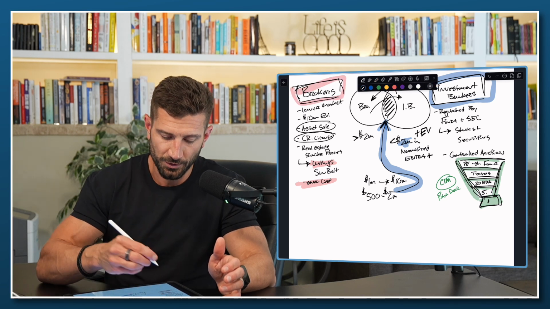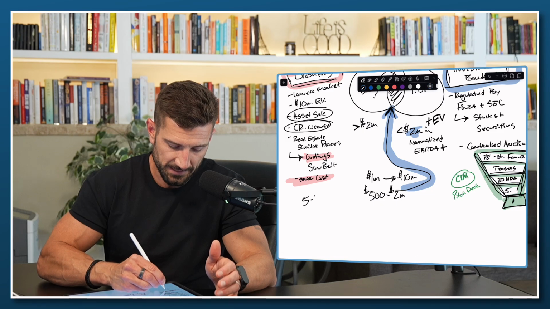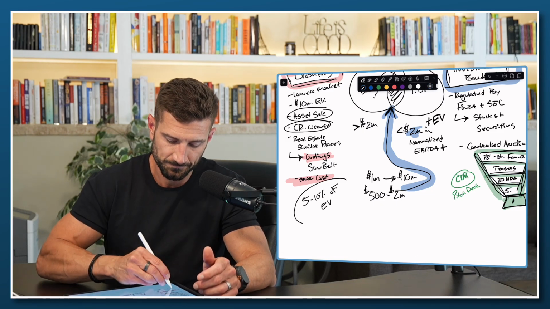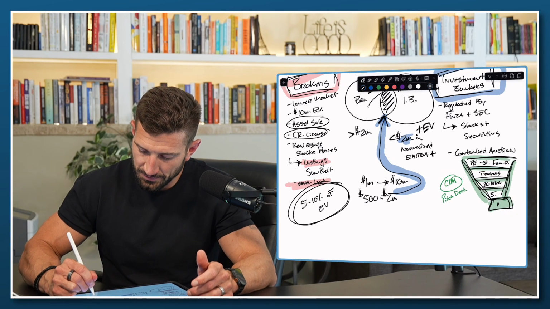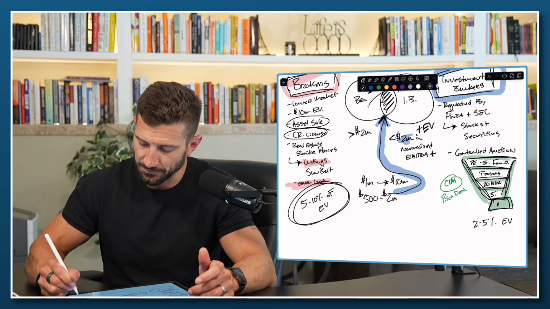A broker will charge anywhere between 5 and 10% of enterprise value. An investment banker will charge 2 to 5% of enterprise value.